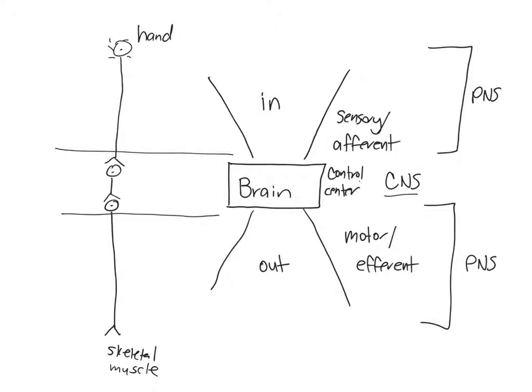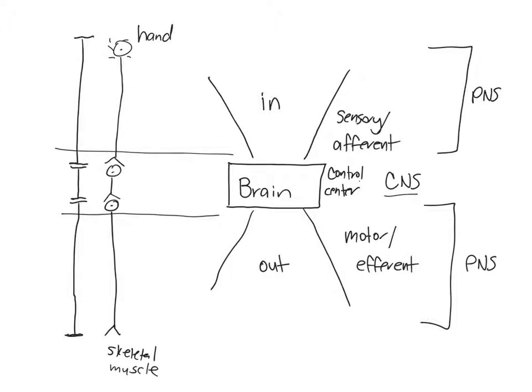And so what we actually see is that our sensory neurons, while they have dendrites in the peripheral nervous system, actually synapse in the central nervous system. Our interneurons have dendrites and synapses in the central nervous system. And our motor or efferent neurons have dendrites in the central nervous system, but spend the majority of their geography in the peripheral nervous system.